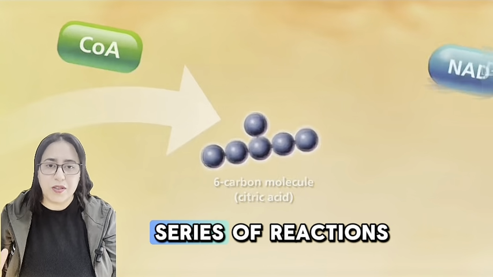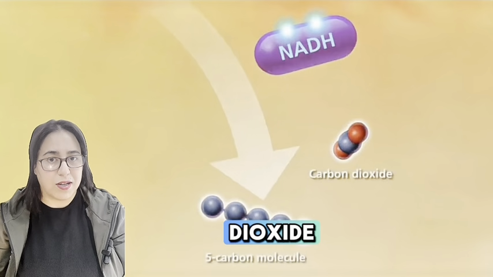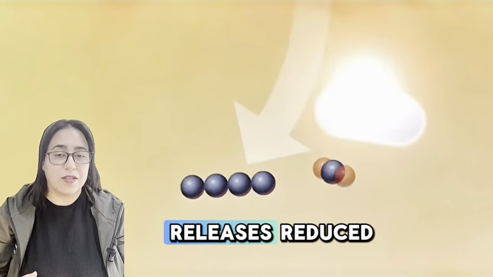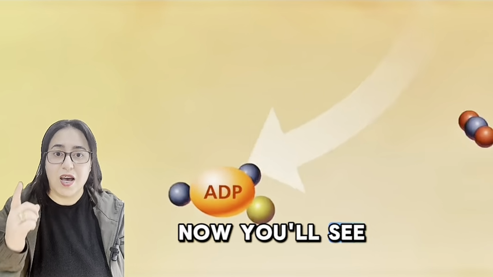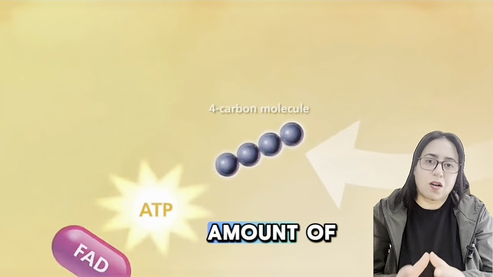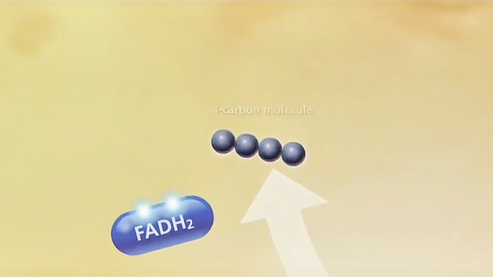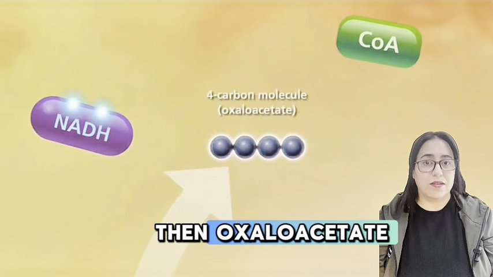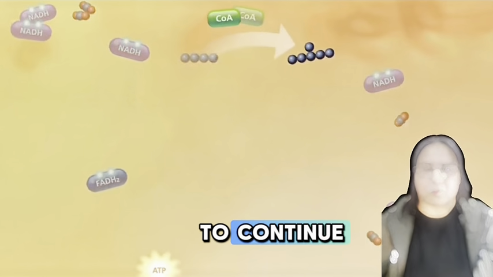Then through a series of reactions, decarboxylation releases carbon dioxide, dehydrogenation releases reduced NAD, and a new molecule, reduced FAD or FADH2, and a small amount of ATP is produced. Then oxaloacetate is regenerated, allowing the cycle to continue.